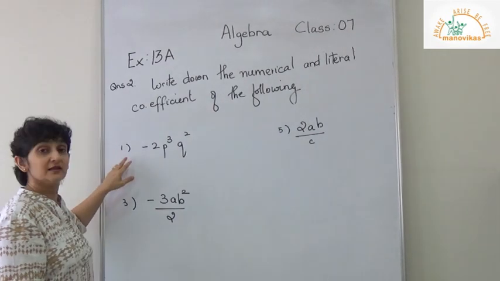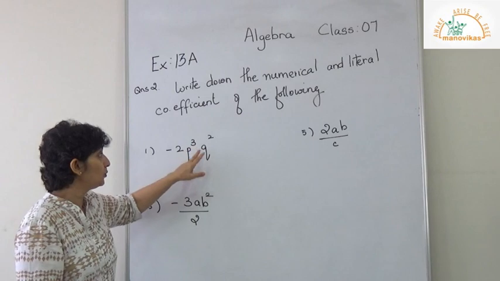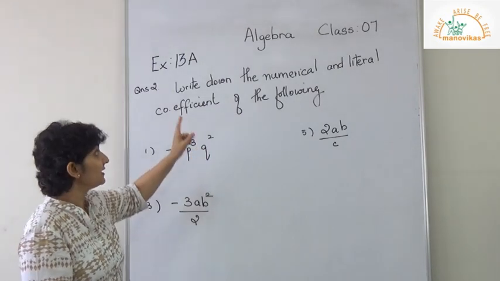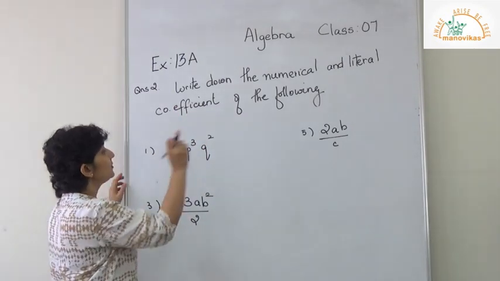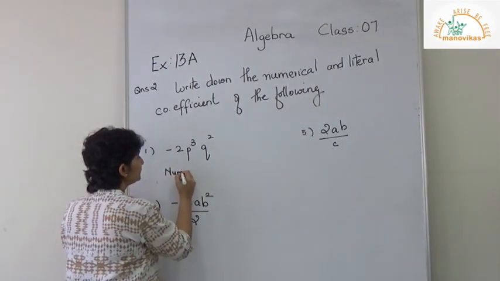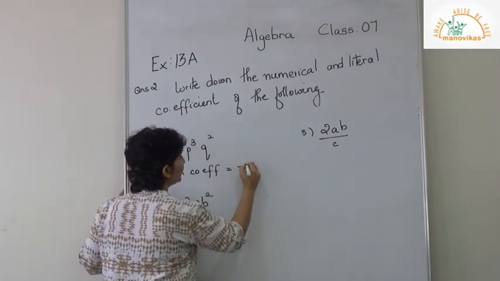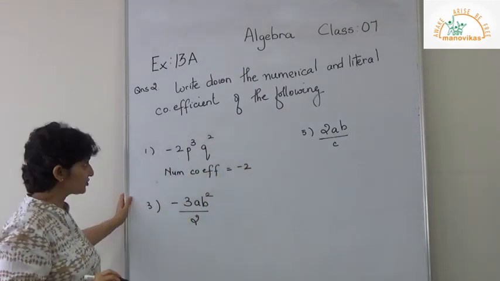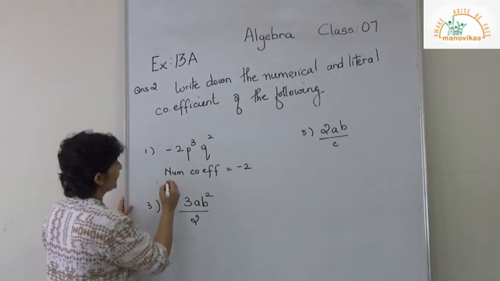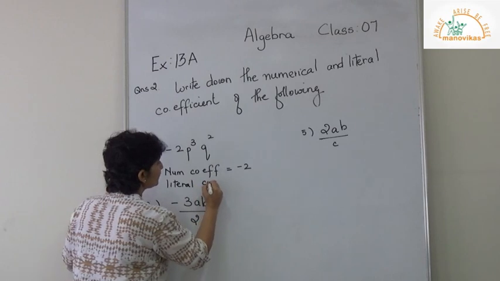So if we see the first sum here, I have minus 2 p cube q squared. Right? Now what is my numerical coefficient? My numerical coefficient is minus 2. Correct, children? And what is my literal coefficient?